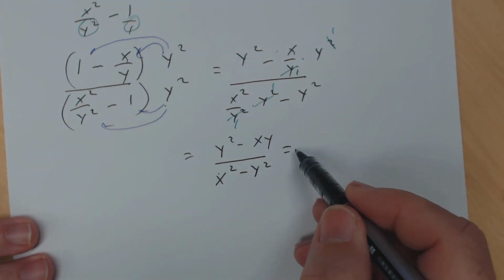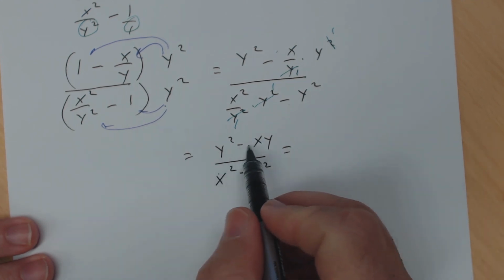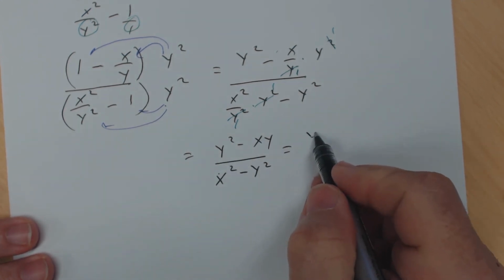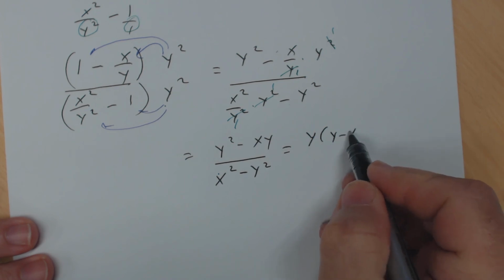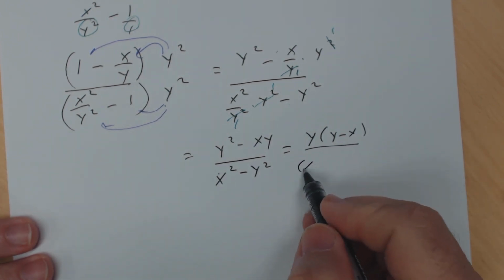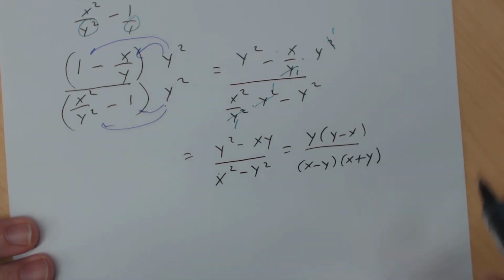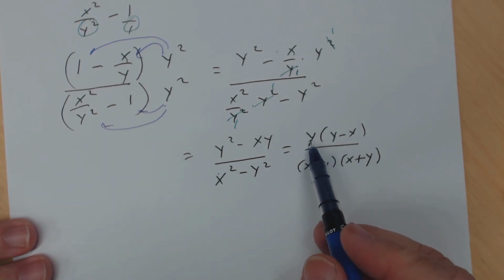Alright, now the next step is to factor the numerator and denominator. Here I can factor out a y, so I get y times y minus x. Here, that's the difference of 2 squares, so I get x minus y times x plus y. Now you've got to notice this. You've got to reduce next.